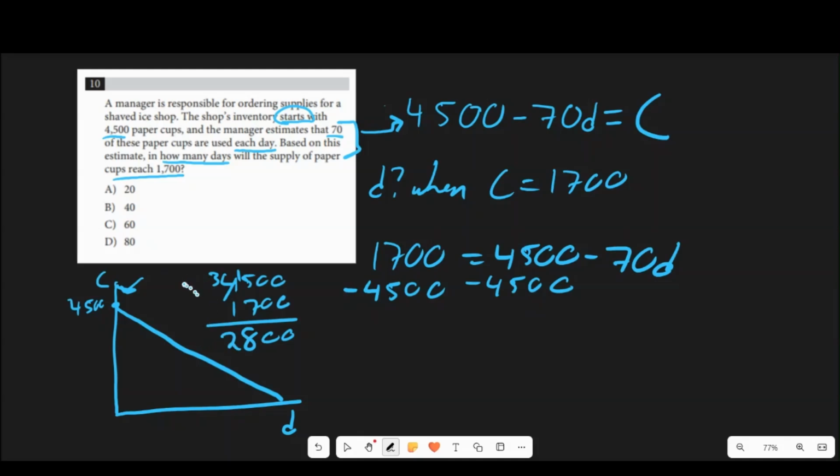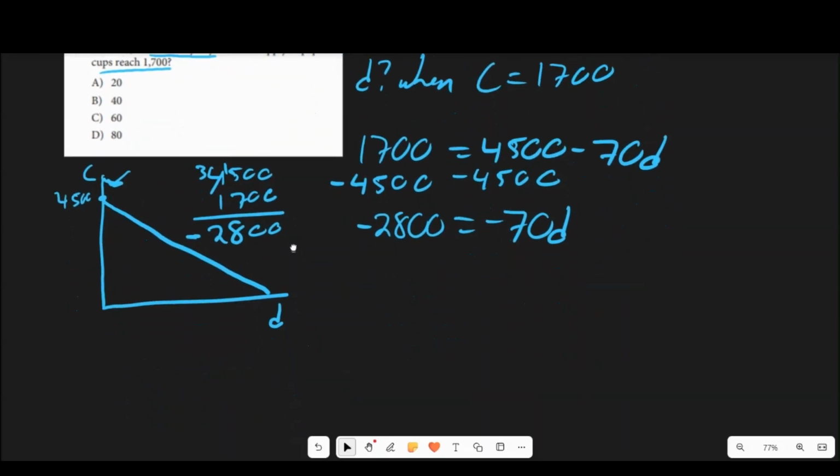Remember this was minus, so we're left with minus 2,800 equal to minus 70D. And for this part, if you didn't get it right away, don't worry, you can probably just use your calculator and you'll be perfectly fine.